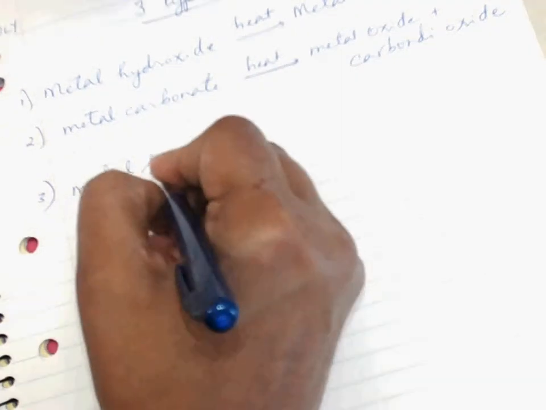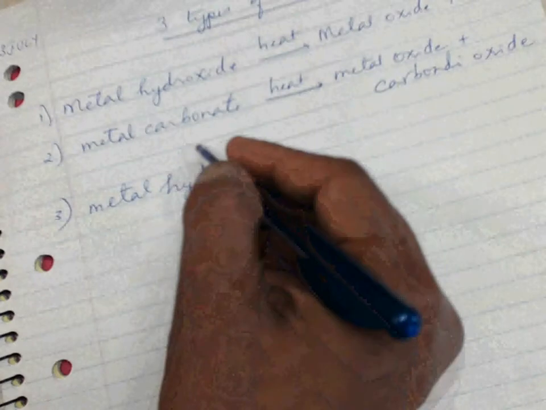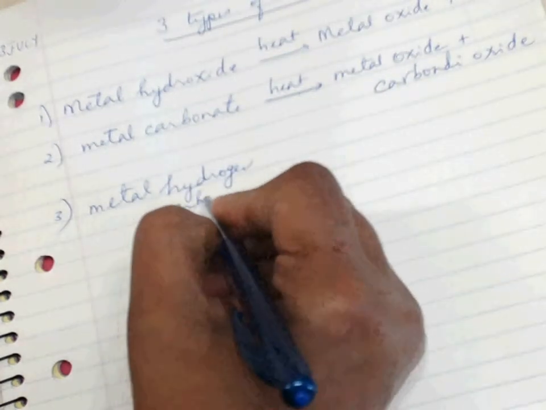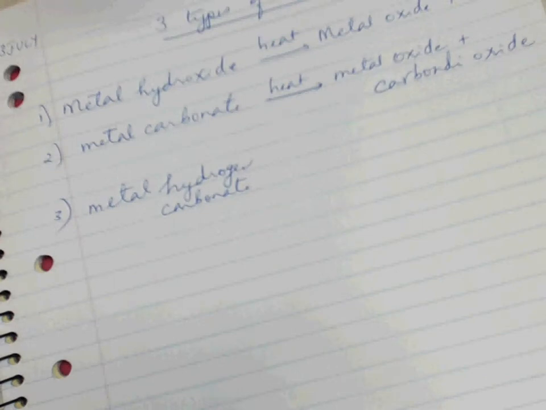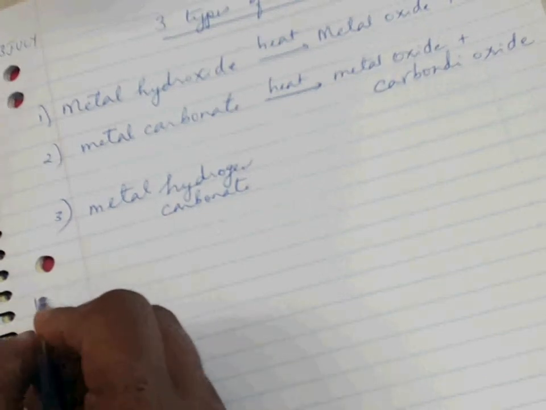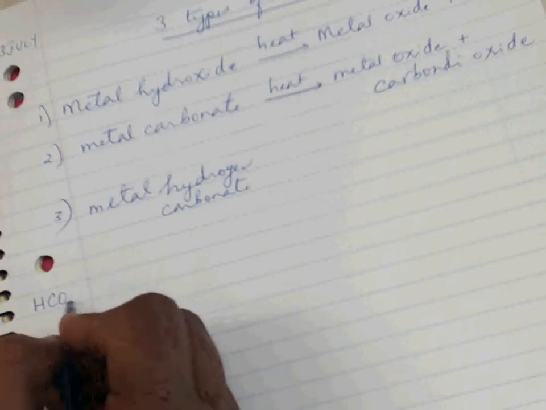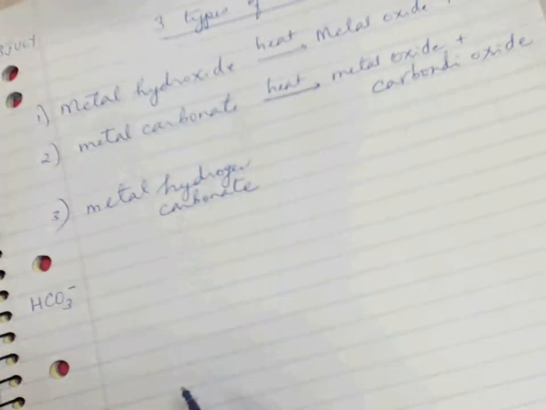So metal hydrogen carbonate. And hydrogen carbonate is an ion. You may have seen this in the ion table. It's actually got a formula of HCO3 minus. And if you go and look up your ion table, you'll actually see it there. So it's not new, we haven't really used it much this year, but it is something that you have seen in the ion table previously.